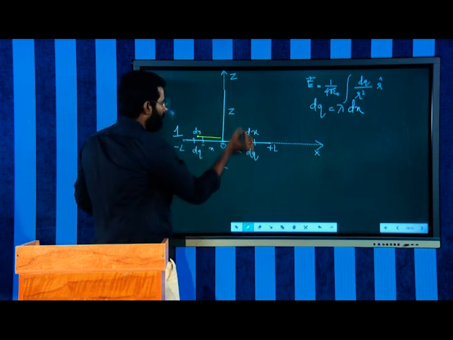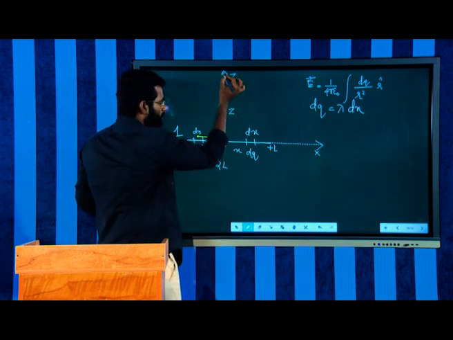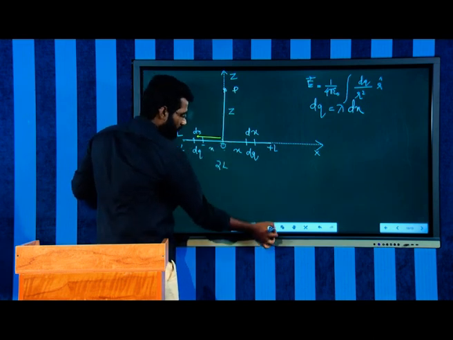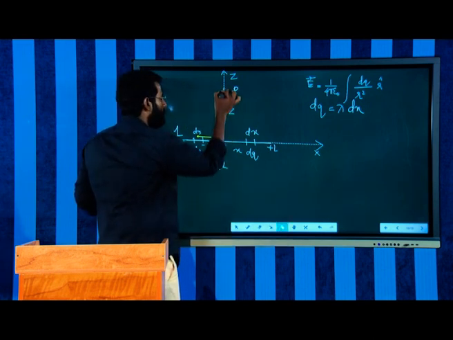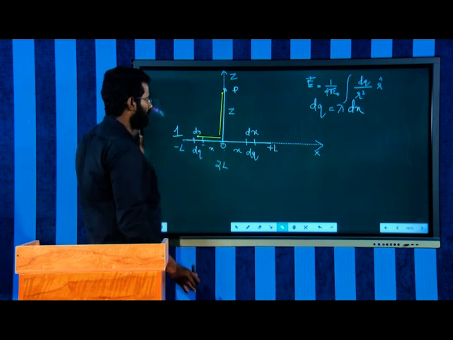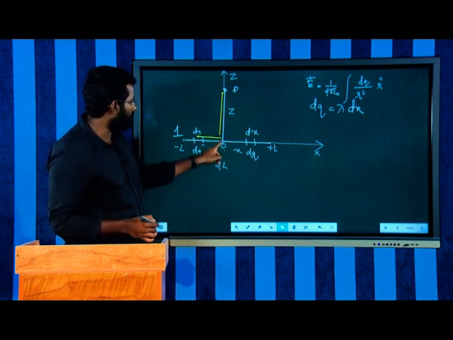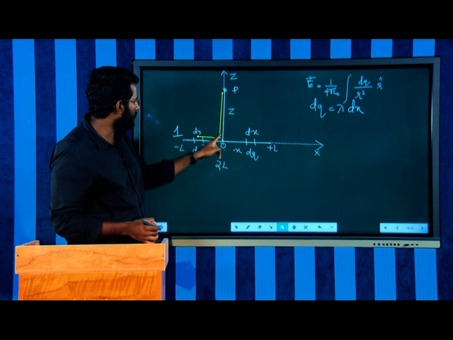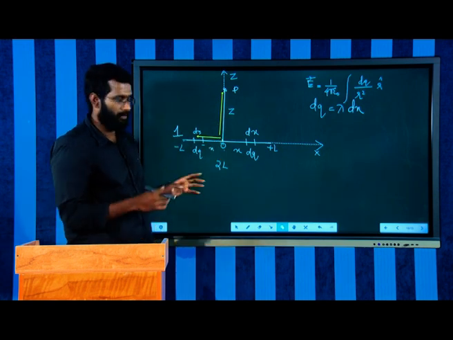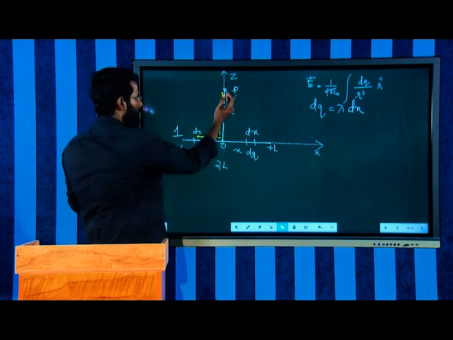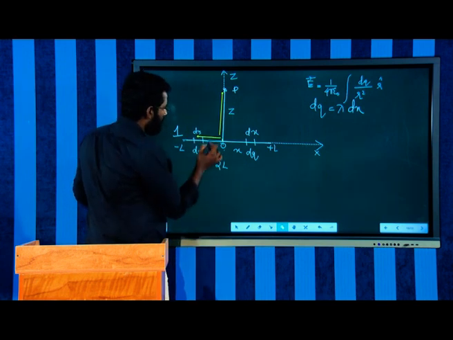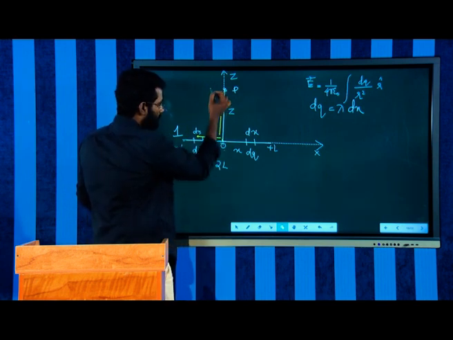We want to calculate the field at this point, let it be p, and that is the field point. So, the vector to there is called the field vector. It all starts from the origin. Actually, it goes exactly over this line. To distinguish, I just put it to the left of this line. So, this is the field vector.